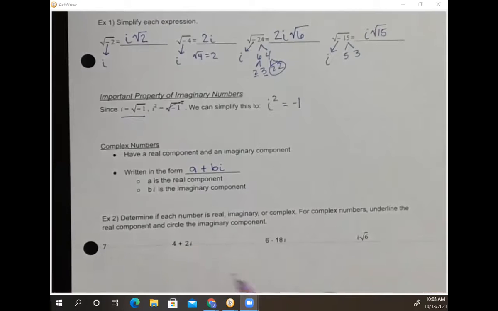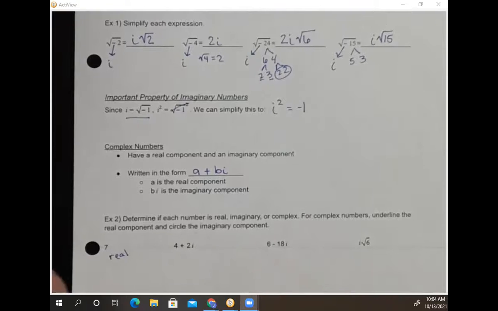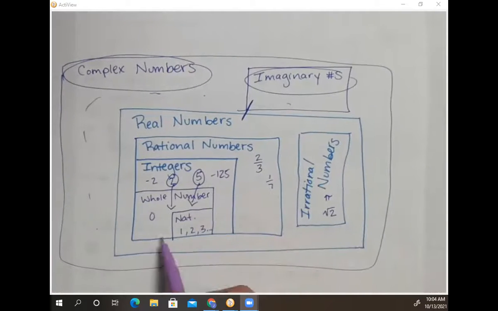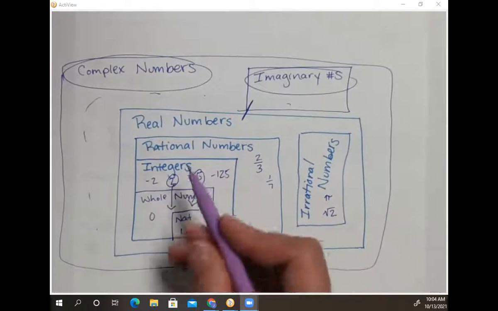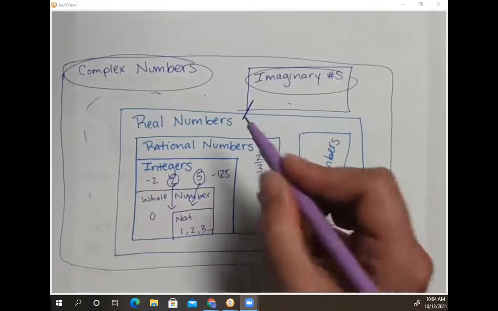Have you seen this number before today? I hope you've seen a number 7 before today, right? Nope, never seen a 7. Didn't know what that character was. No, 7 you've seen before today, right? So it's a real number. It would live in this box, specifically in the real numbers.